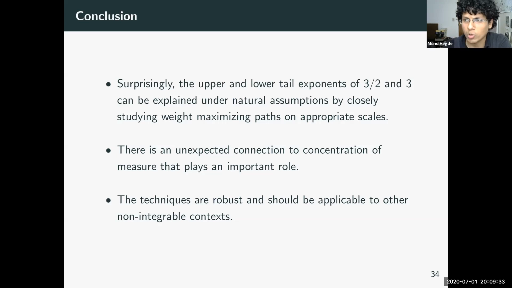You can use the same techniques to understand the lower tail of a constrained path. We were talking about the lower tail of the unconstrained path. You can use the same techniques to understand the lower tail of the constrained path within a parallelogram of a particular width, and you can understand how the tail exponent changes as the width increases. For example, if you have a parallelogram of width L times the 2/3, then the probability of being less than minus theta will be exponential of minus L theta to the 5/2.